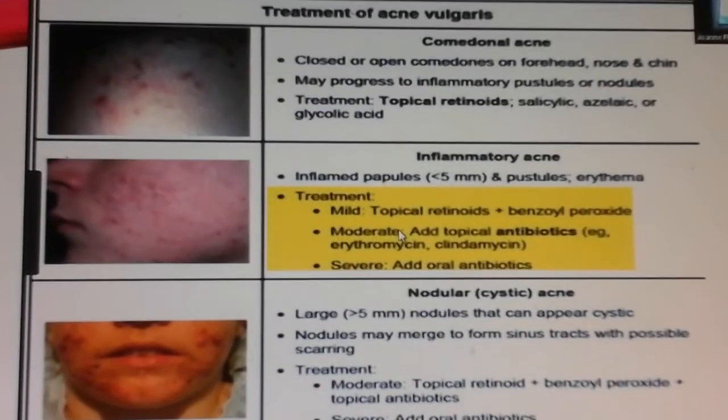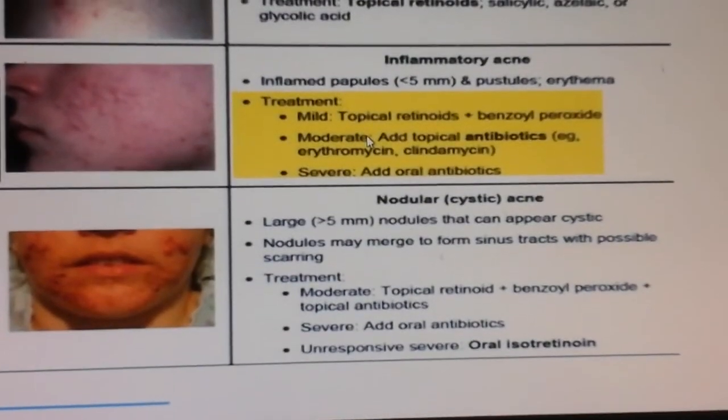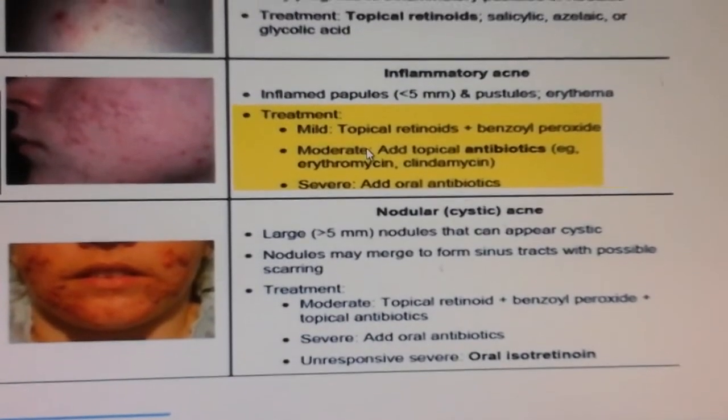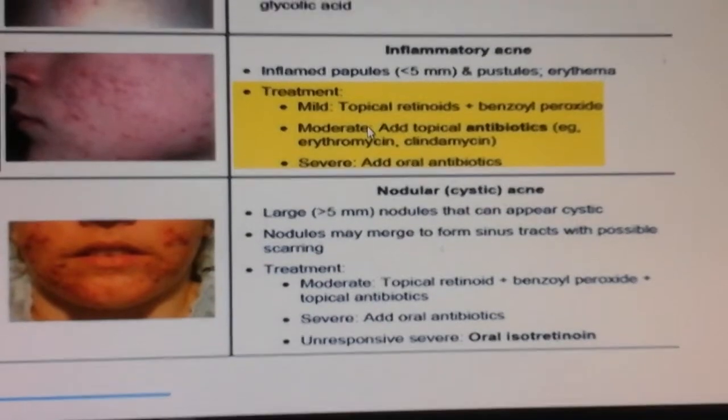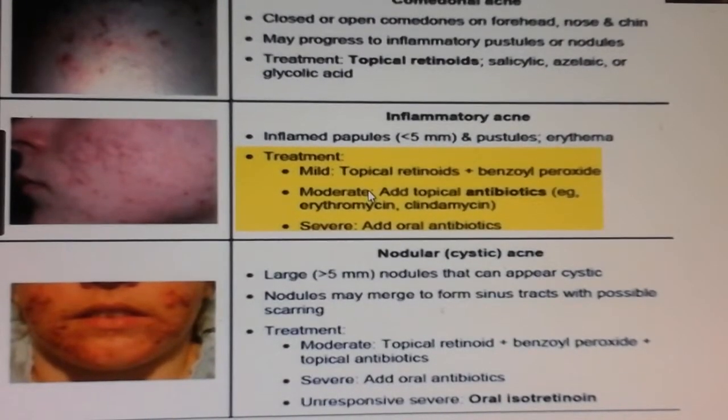Then we move to the oral antibiotics like doxy, right? And then eventually, when it's cystic and it's really bad, we can do Accutane. So Accutane is category X. So obviously that's bad, and a lot of times the derm will prescribe that because there are rules that go with it because it is such a potent drug.